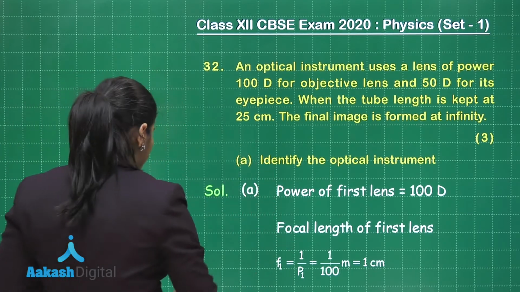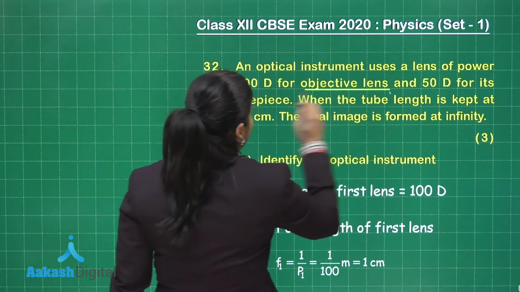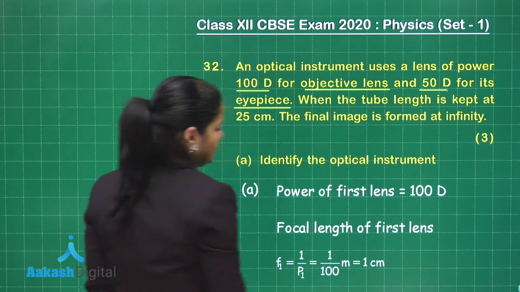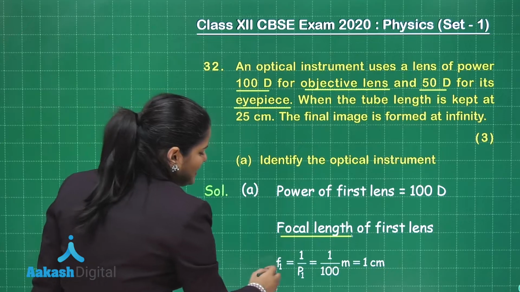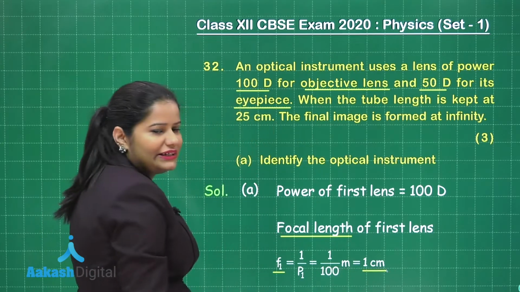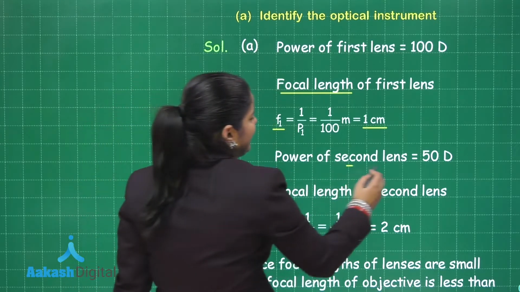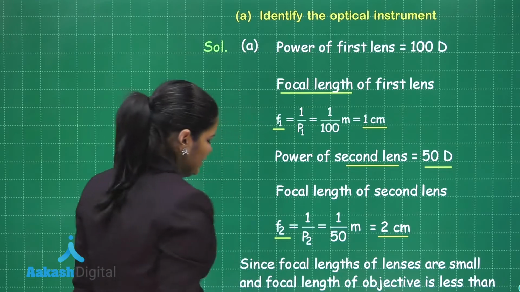सबसे पहले इस क्वेश्चन में हमें पावर गिवन है किस किस की. We are given the power of the objective lens which is 100 diopter as well as of eyepiece which is 50 diopter. तो अगर मैं पावर से फोकल लेंथ कैलकुलेट करती हूँ फर्स्ट लेंस की, that will come out to be 1 centimeter. And if I just calculate the focal length of the second lens, that will come out to be 2 centimeter.